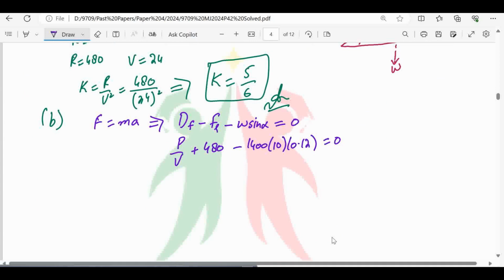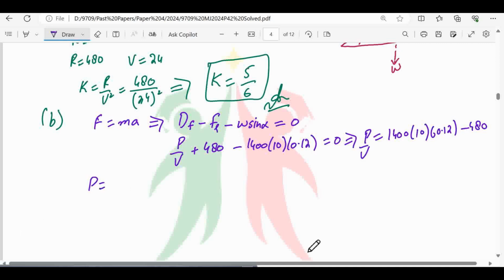Now from here we can simplify it further, that P by V is equal to 1400 into 10 into 0.12 minus 480. So P will be equal to that multiplied by V, and we know that velocity is 24.